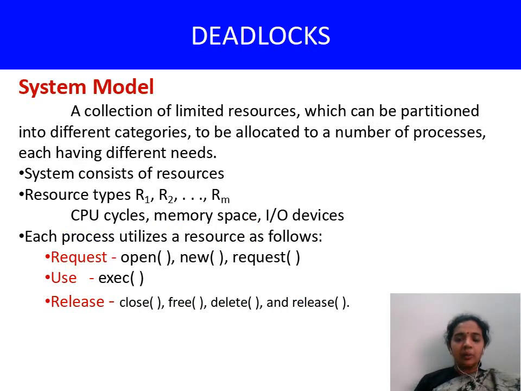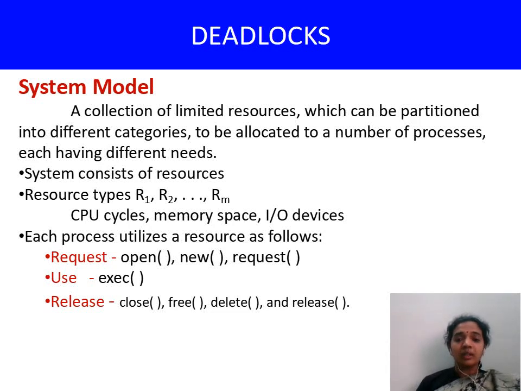The system can be modeled as a collection of limited resources, which can be partitioned into different categories that are allocated to a number of processes. Each resource may have different needs. Here the resources are categorized into memory, printer, CPU, tape drives, open files. All resources within a category are equivalent, and a request for that category can be satisfied by any one of the resources in it.